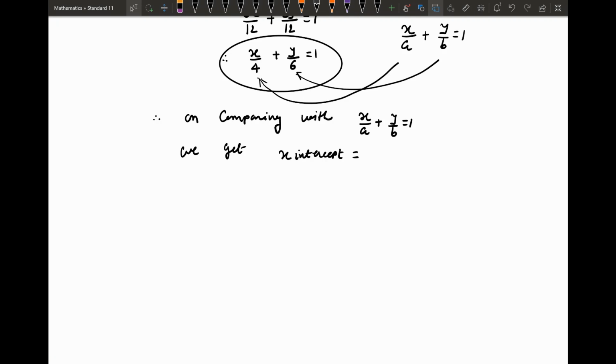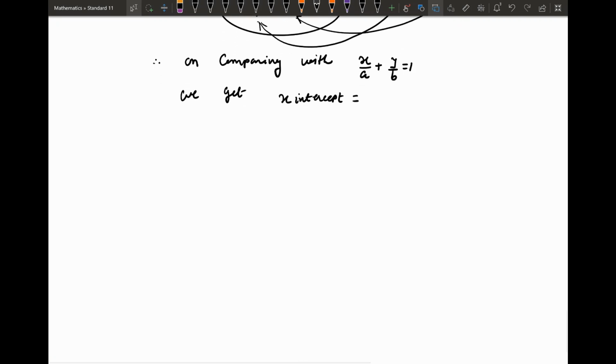Symbolically, we write x intercept equal to a equal to 4 and y intercept equal to b, which is 6. So a equal to 4, b equal to 6. That means the x and y intercepts are respectively 4 and 6.